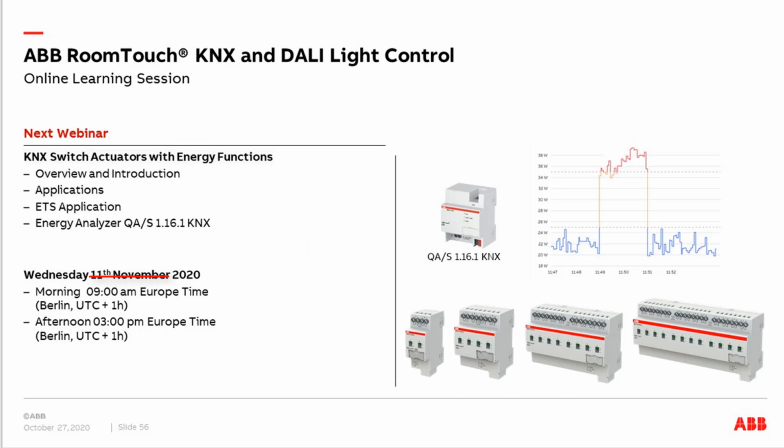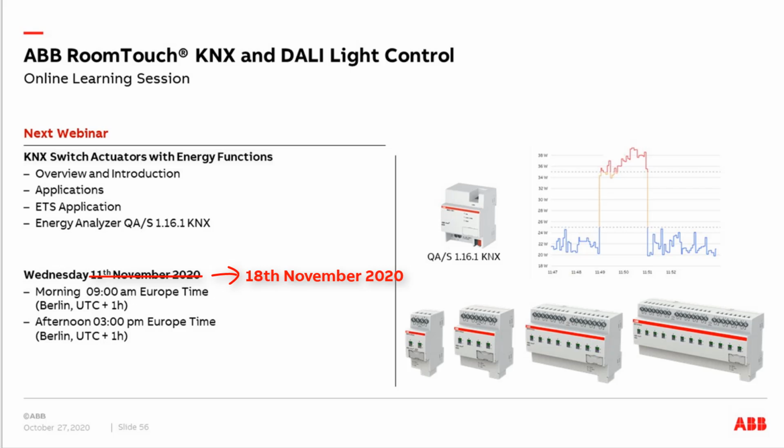How do we continue? Webinars, as always, coming in November with our KNX switch actuators with energy function, new hardware with real metering inside. We will show this. The QAS 161, an energy analyzer KNX, can be part of a complete solution.